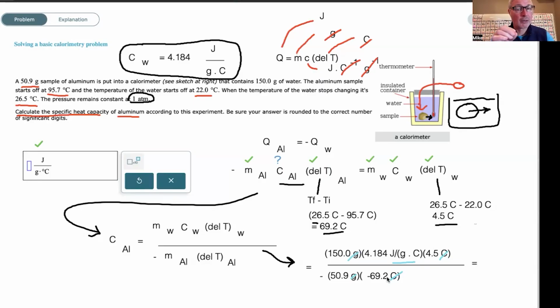You always round it. We're multiplying and dividing to the smallest number of significant figures. So I'm going to go ahead and take 150 times 4.184 times 4.5 divided by 50.9. I screwed up on my calculator. I hit the wrong button.